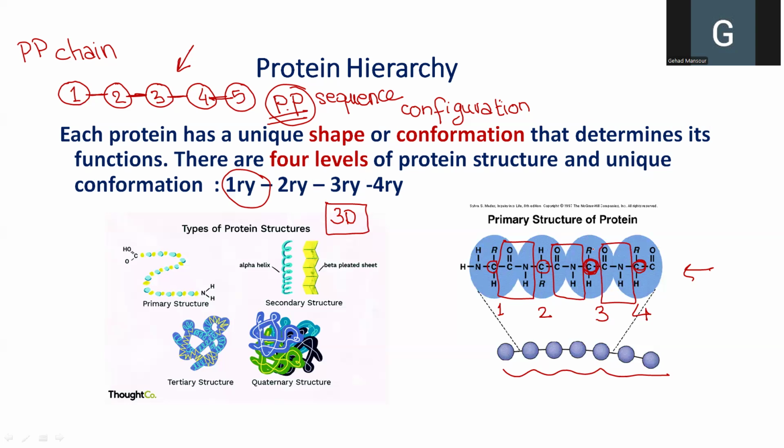So in order to form a polypeptide chain made up of 4 amino acids, we have in between the 4 amino acids 3 peptide bonds. Of course, for every peptide bond to be formed between 2 amino acids, we have already withdrawn 1 molecule of water.